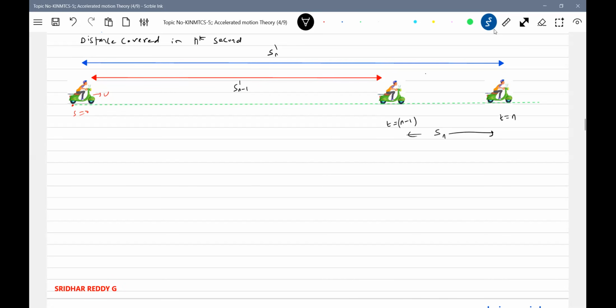For n seconds, so what is the formula for n seconds? Distance covered S is equal to un plus half an square. This is Sn dash, distance covered for n seconds. Similarly, distance covered for n minus 1 seconds.